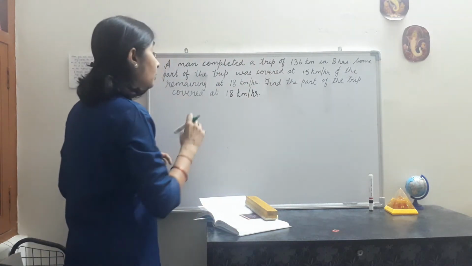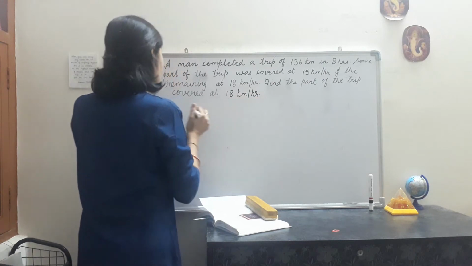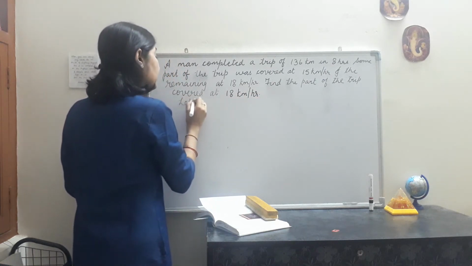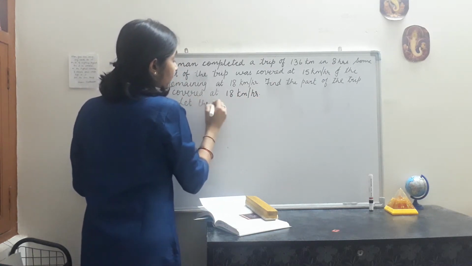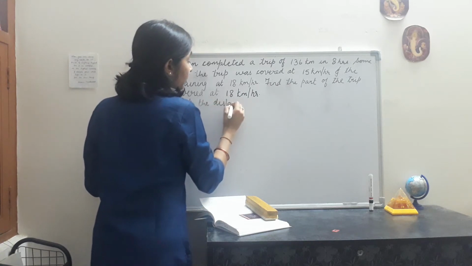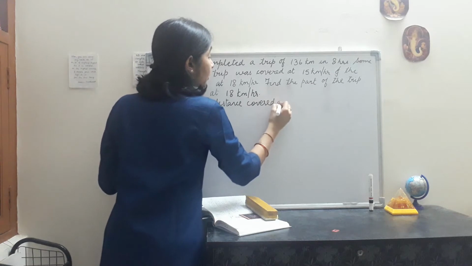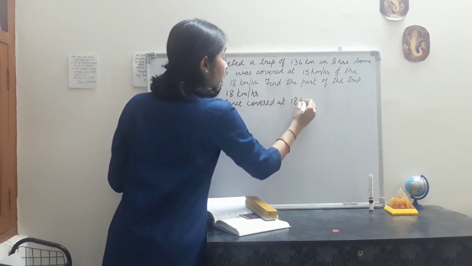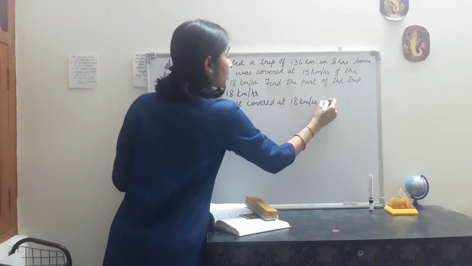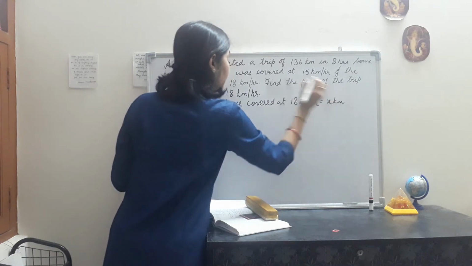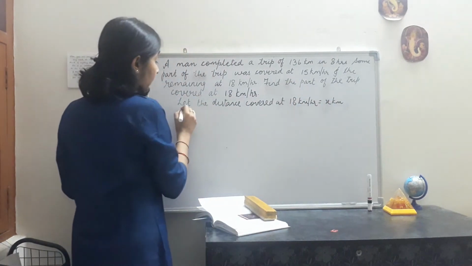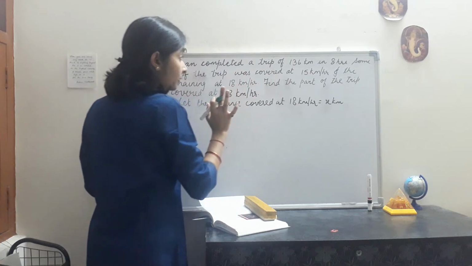So here we are asked the distance covered at 18 km per hour. So let the distance covered at 18 km per hour be x kilometers. Okay, now therefore the other distance, total distance is 136 kilometers.